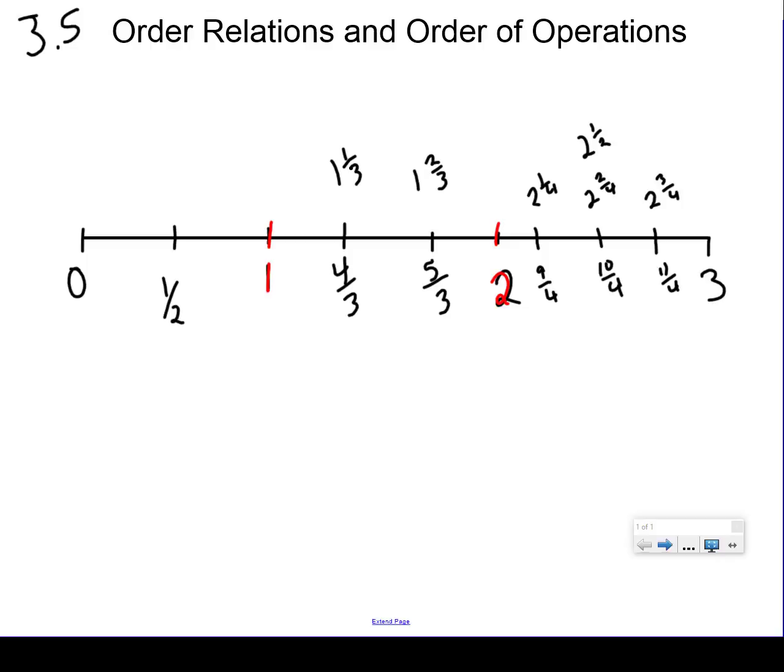So looking at this number line, I want to compare the two numbers 1/2 and 4/3. To do that, I'm going to move the red out of here that I've already written because I don't want it to confuse you. In between these, I'm going to have a box.